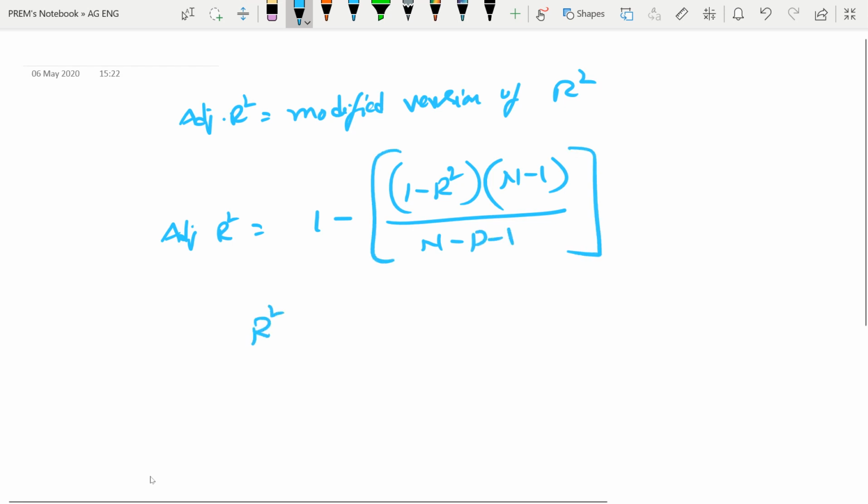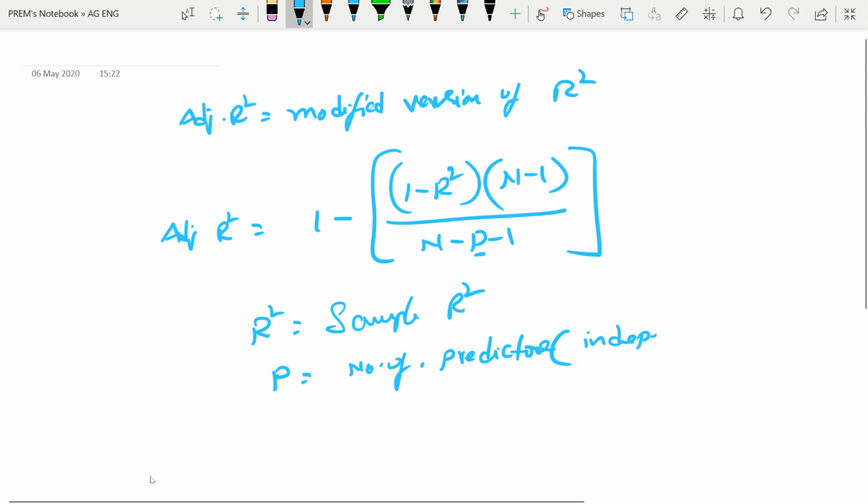In this equation, the R square term is the sample R square, and p is the number of predictors, which is the number of independent variables.